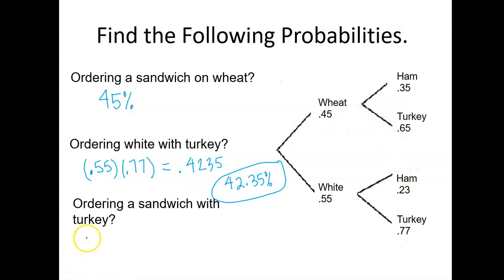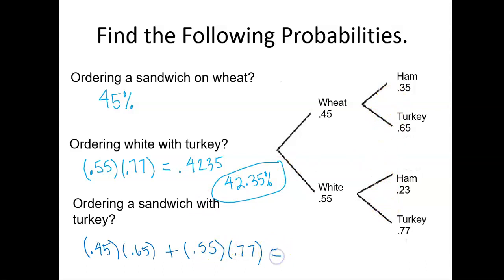So what's the probability that you ordered wheat with turkey? That would be 0.45 times 0.65. Okay, and then we're going to add that to the other branch. If I chose white, 0.55, and then turkey would be 0.77. So we use the multiplication rule as we go out on the branches. If we go across branches, then we add them together.